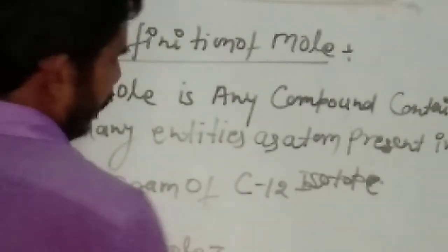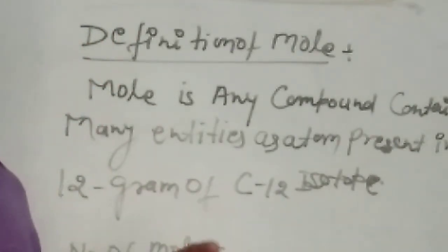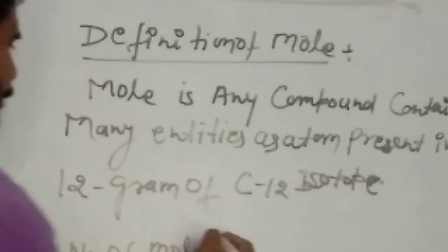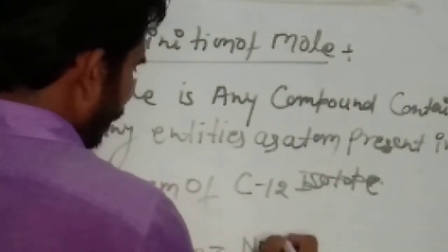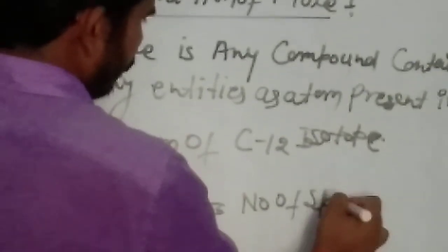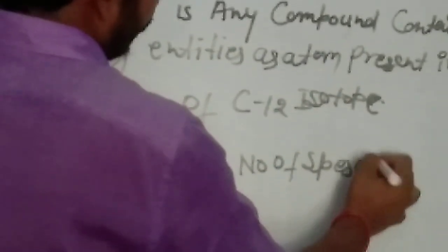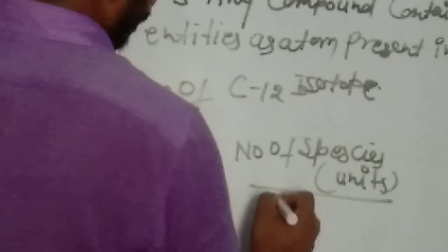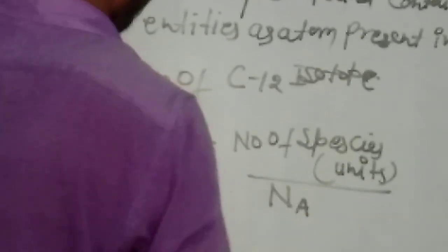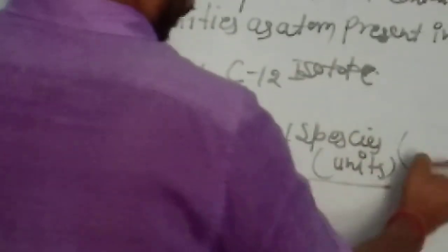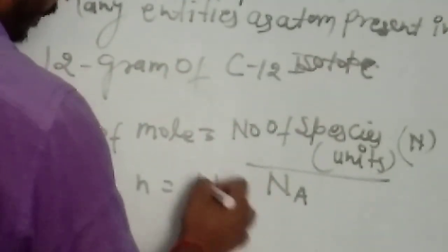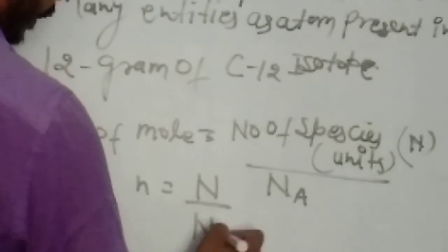Number of moles equal to number of species or units upon Na. So that is capital N, then small n is equal to capital N upon Na.